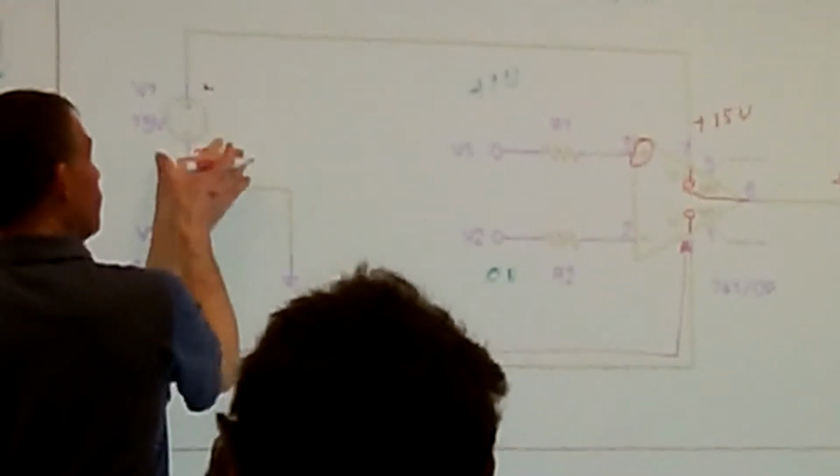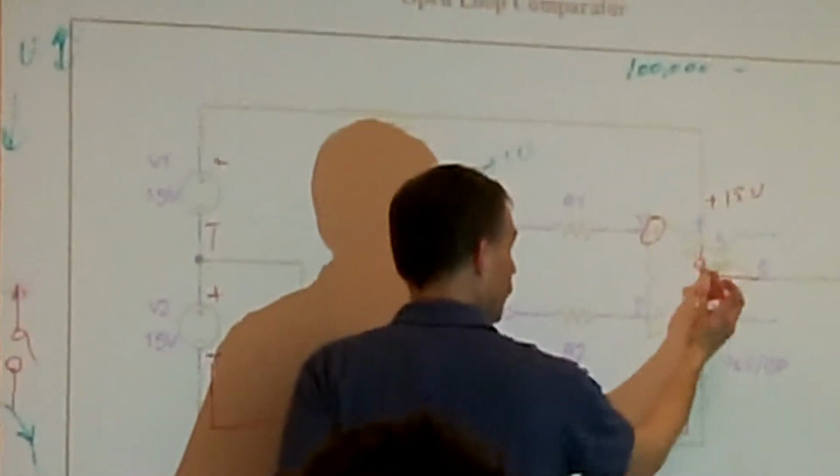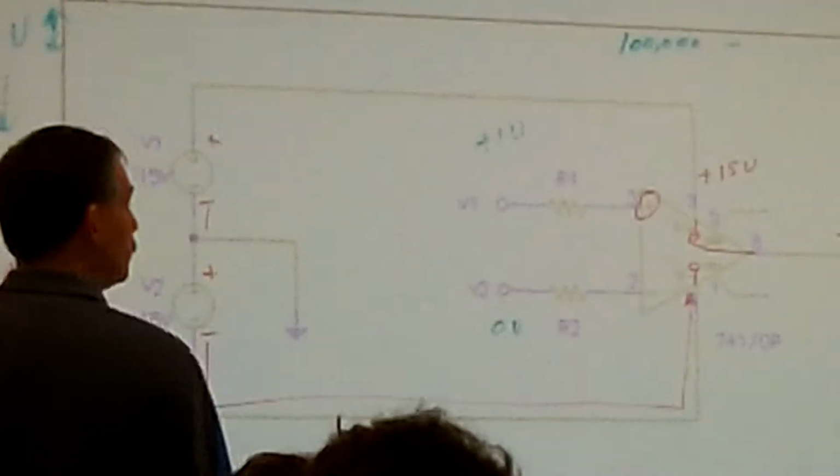But if I look at my other power supply, you can look at this current. Here's the current coming down. We know we don't have any current going this way because there's nothing hooked up to it. It's just a loose wire going into my op amp. So the only other option I have is either going this way or I can go through my ground.